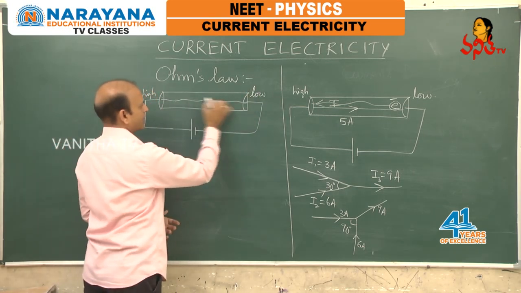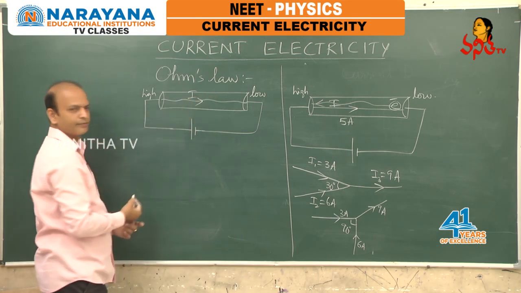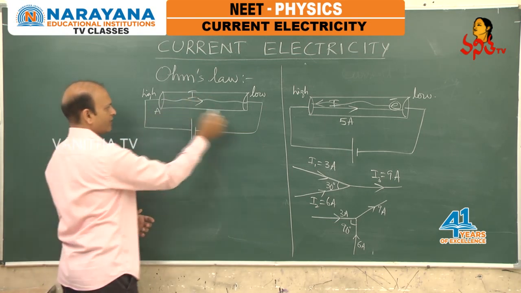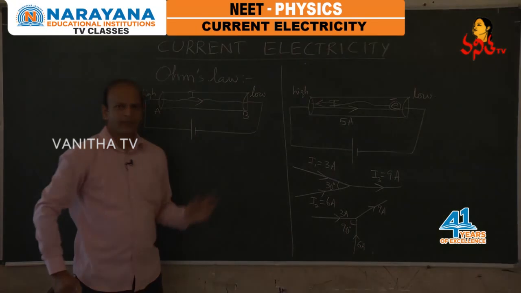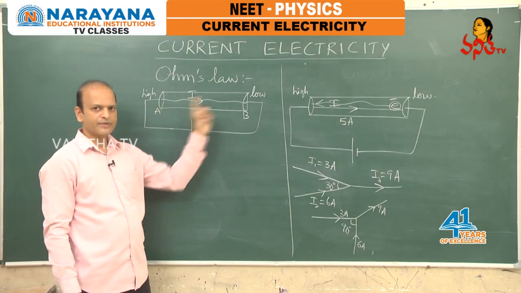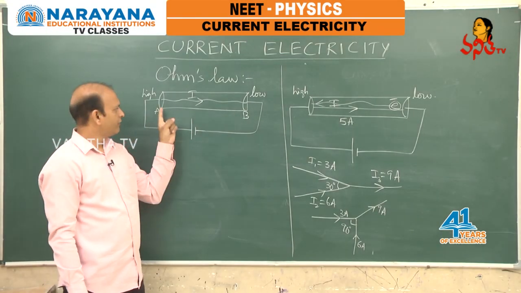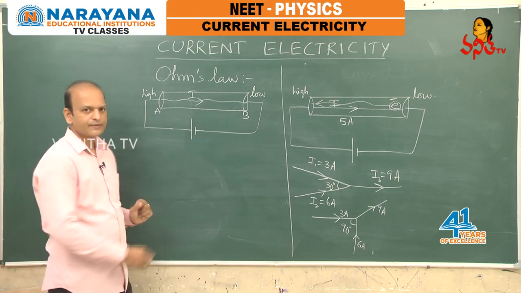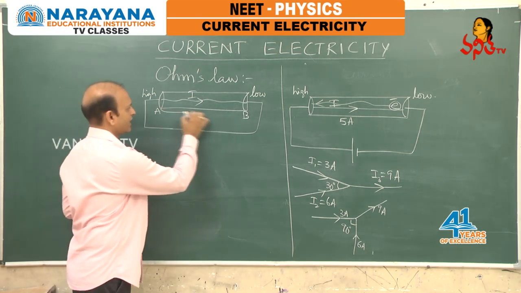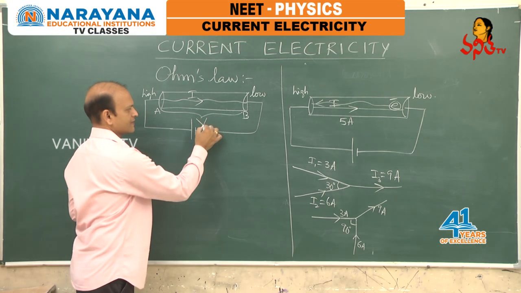Due to that, the current through it is I, and we are observing between these two ends, A to B. The potential difference between these two ends is, suppose, V.